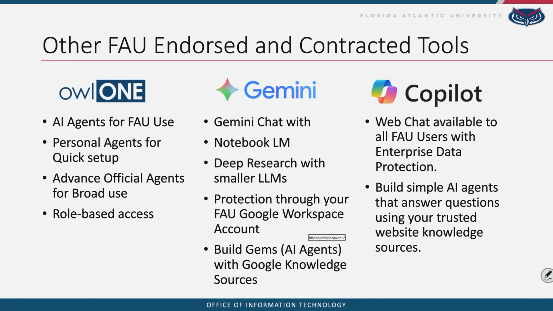And that just means, if you haven't heard that term, I mentioned it before, that stuff you put into this chat won't be showing up in someone else's chat outside of FAU, or even in FAU. It won't show up in your coworker's chat because you put something in there. So that is one of the things we do like to stress when you're using AI tools. You really need to be careful what you're doing in them and what data you could put in there. The AI site has a great resource there of what tools and what data you could put in them.